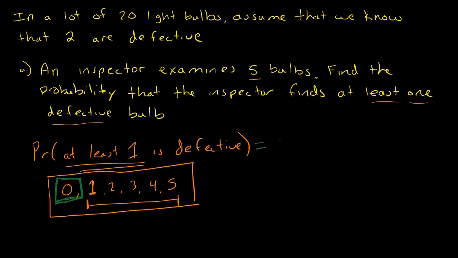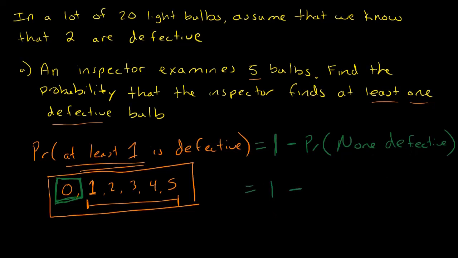So if I were to solve this using complements, which you do want to do in this case, we would do 1 minus, because remember, total probability is 1. So 1 minus the probability that none are defective. That means 5 out of 5 of the ones that the inspector chooses are not defective. Okay, so equals 1 minus.